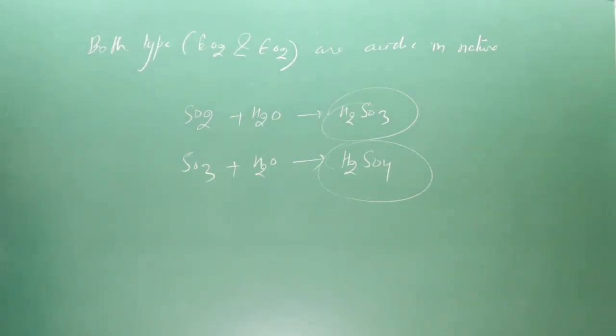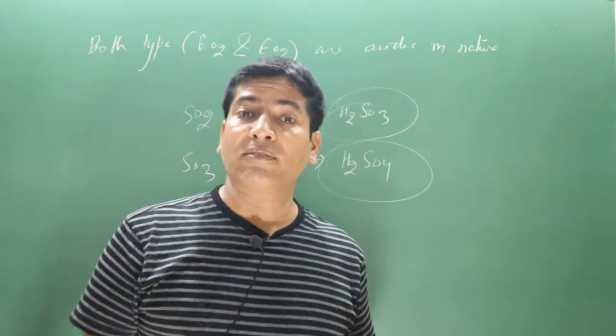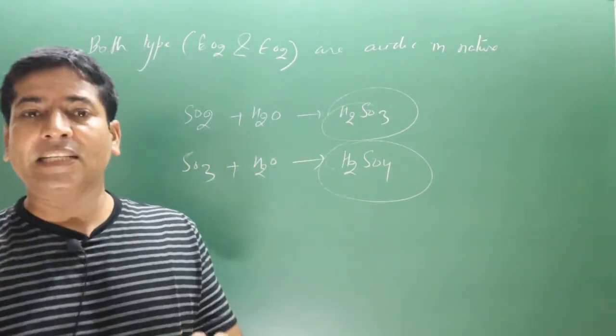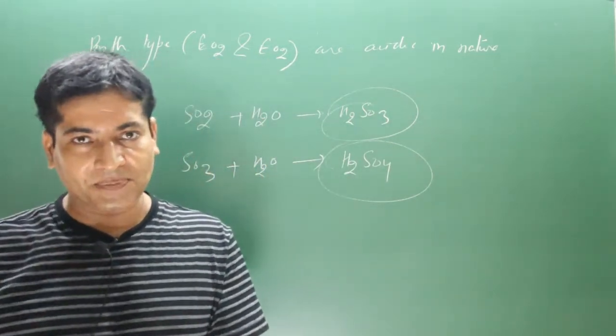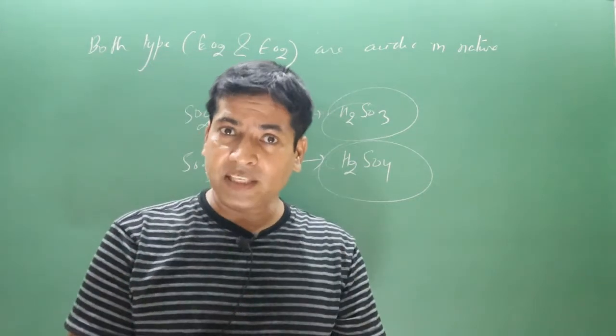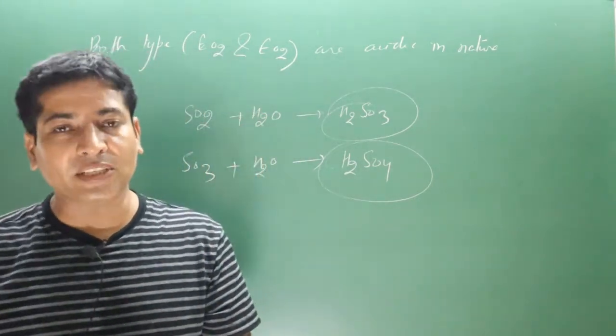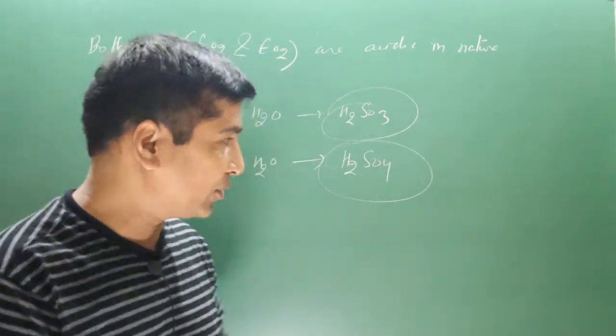When we talk about the acidic character of oxides in a group, acidic character decreases down the group. Why? Because metallic character increases, electronegativity decreases, and when metallic character increases, basic character increases.